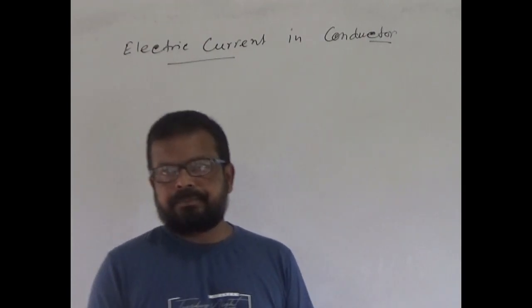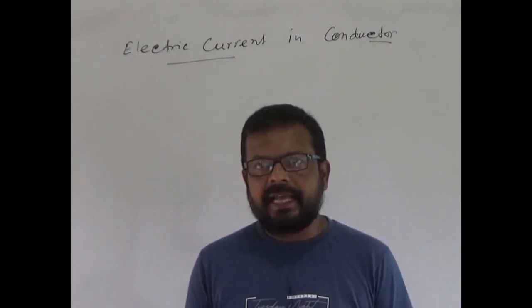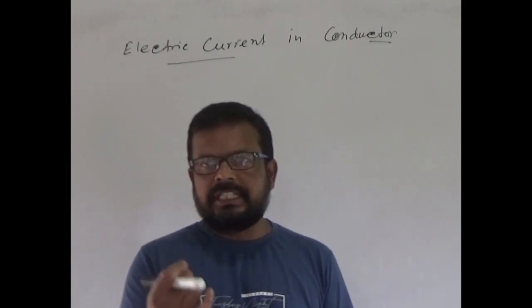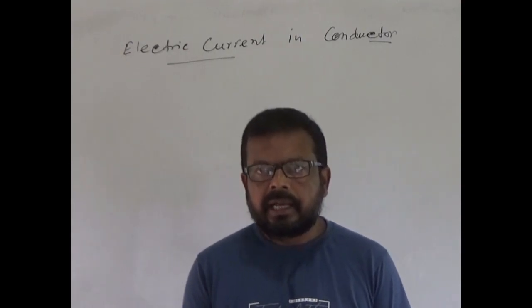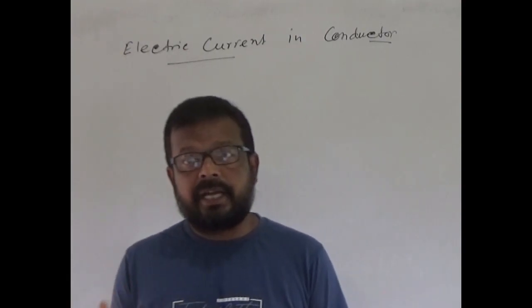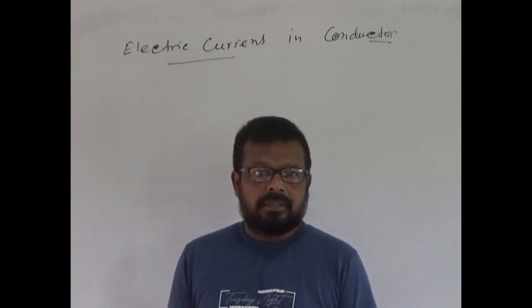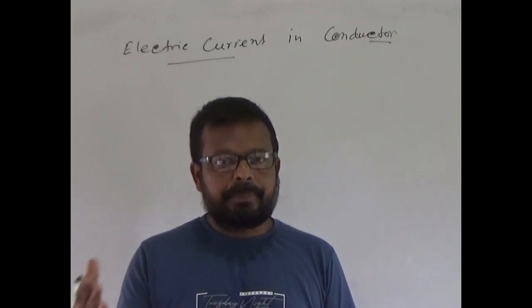Now, in the absence of an electric field, these free electrons can move due to thermal motion, and they collide with the positive ions. From where do we get positive ions? From the free electrons. Which are the free electrons?